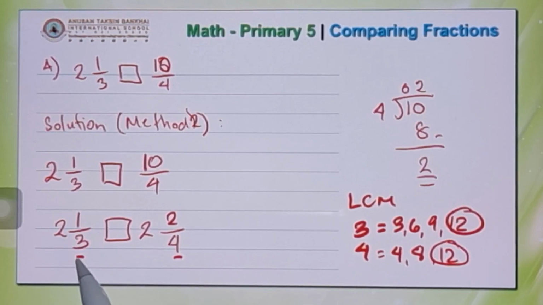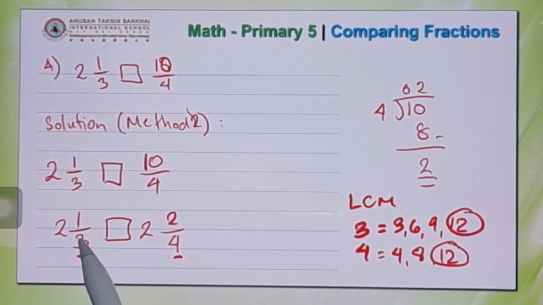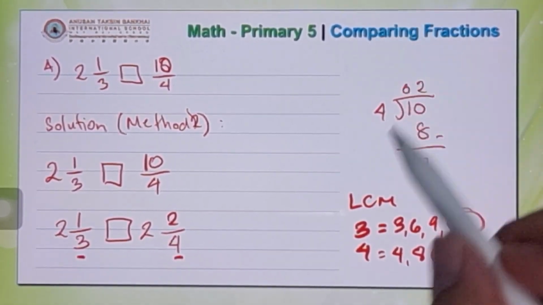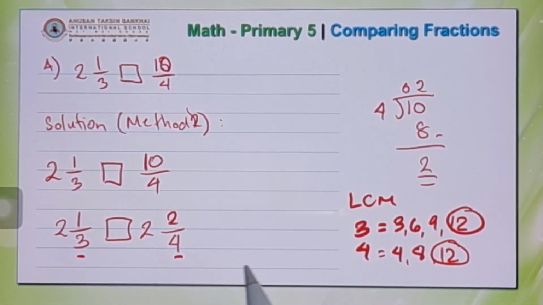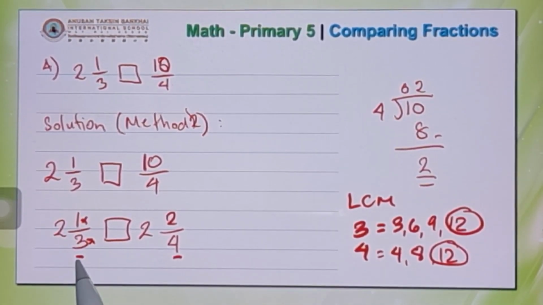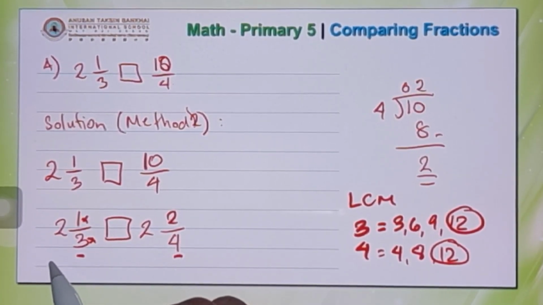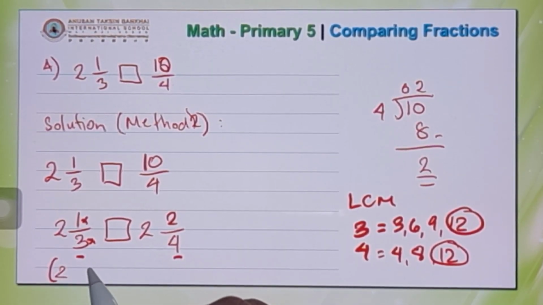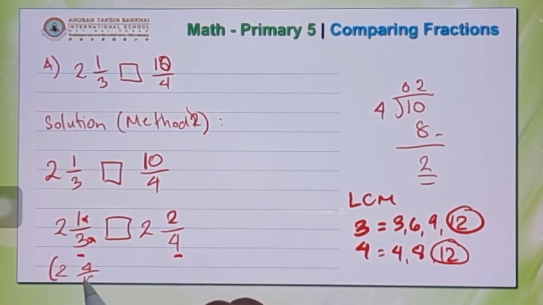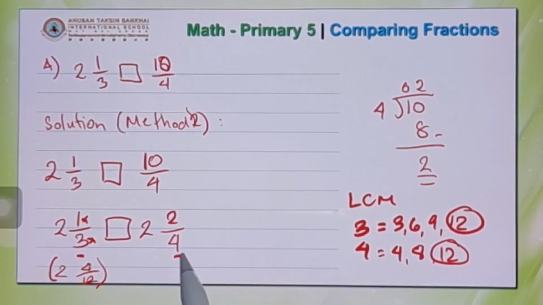So we change this. So therefore, we have 1 over 3. So we just multiply this by 4. So we have now 2 and 4 over 12. And then we change this.